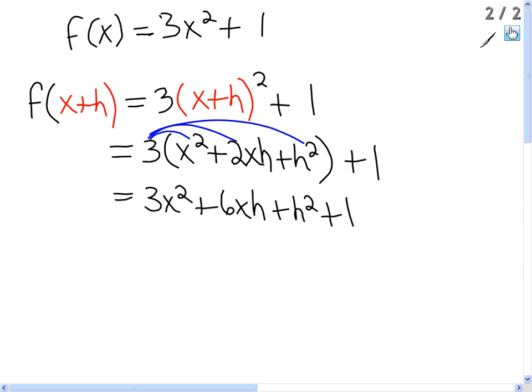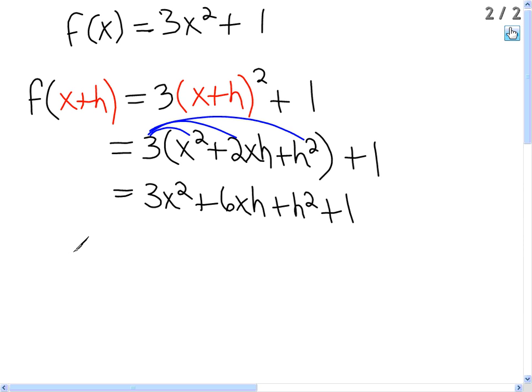So, of course, this represents f of x plus h. So if I could just go ahead and sneak this f of x plus h right here. Now remember, we were supposed to subtract f of x from it. That was the top part of that fraction that we had earlier, the slope equation. So I'm going to subtract what I had for f of x, which was 3x squared plus 1.